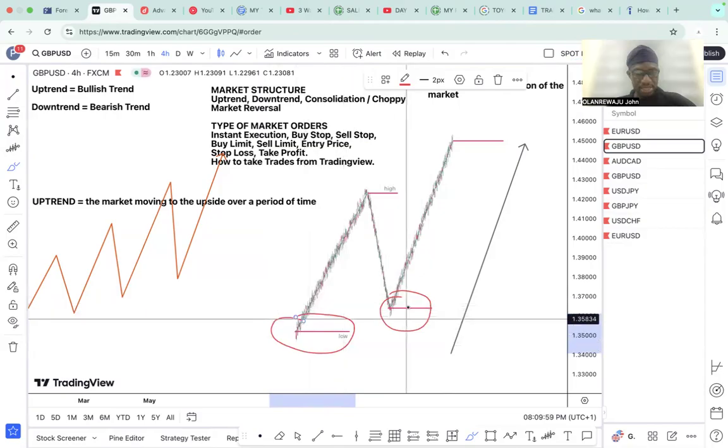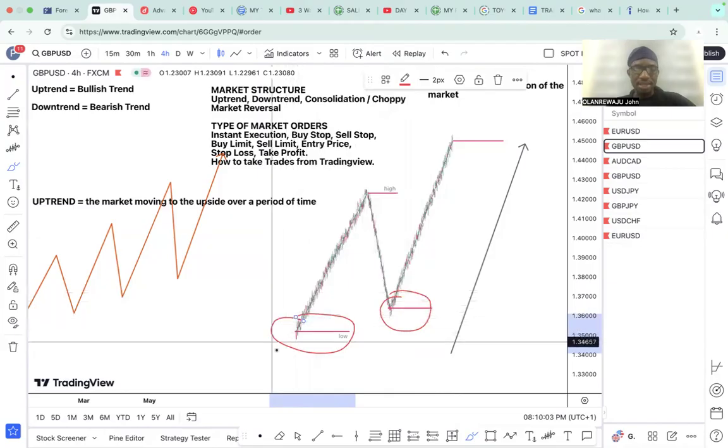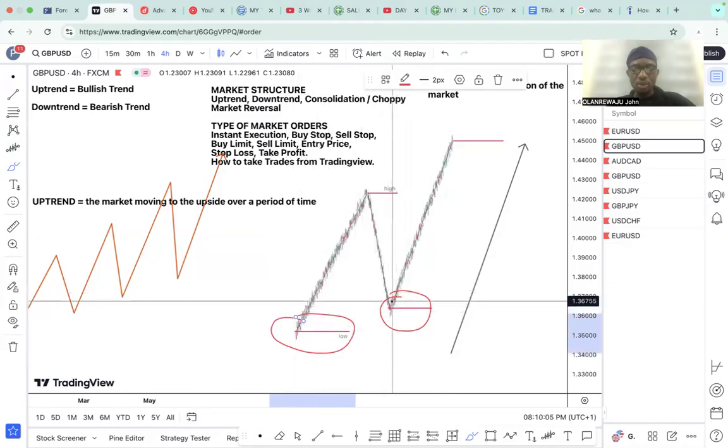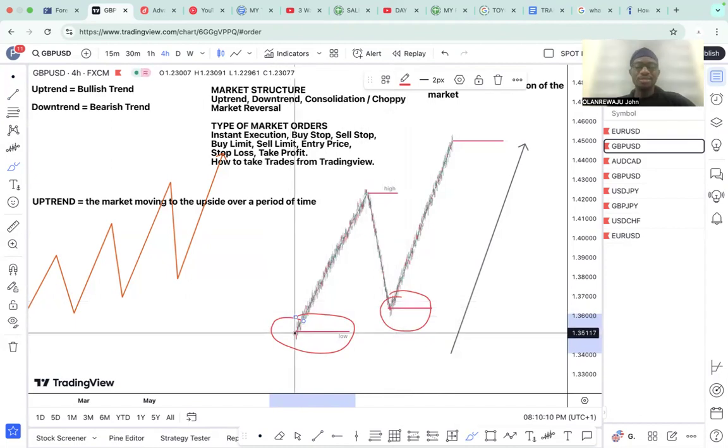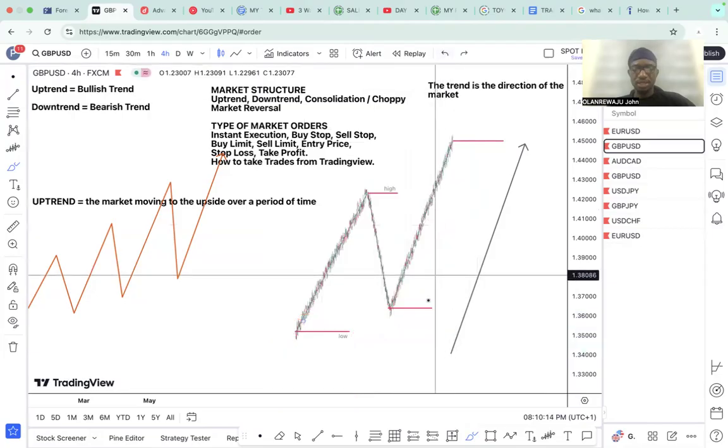Do you get it? This is a low. But when we compare it to the last low that the market created, this is a low that is in a higher position than this one. That is why it is called a higher low. So we then label that point as a higher low.